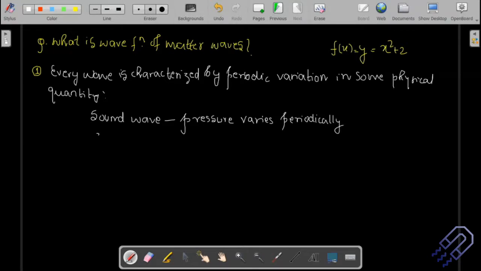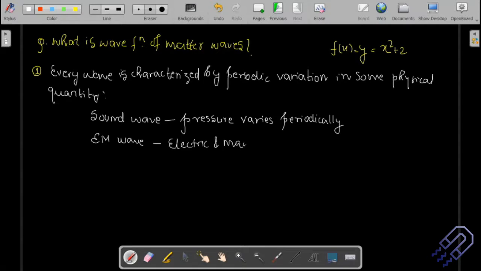So whatever is a wave, there will always be some quantity that will actually change. Okay, and then I can take electromagnetic waves. Sound waves are longitudinal waves, and electromagnetic waves are transverse waves. Electromagnetic waves may be ultraviolet radiation, visible light, microwave, and so on. Everything comes under electromagnetic wave, right? So they vary periodically, and the change that happens is nothing but the electric and the magnetic field.